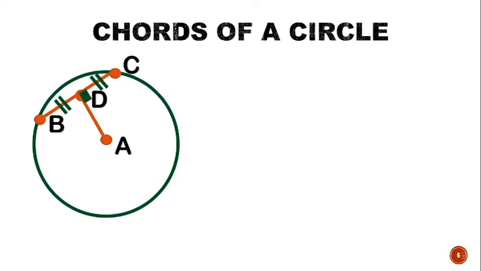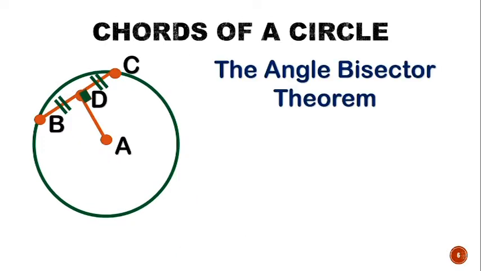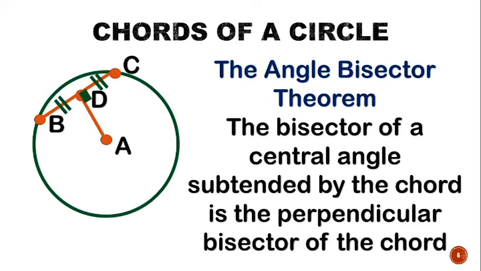Next. Another theorem states that there is an angle bisector. So, the bisector of a central angle subtended by the chord is the perpendicular bisector of the chord. So, this means that if we already established earlier that this is perpendicular, it divided this chord into two equal parts.